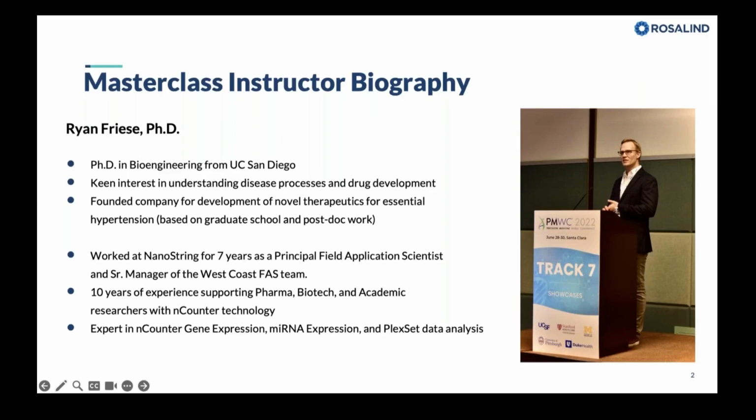But I did work at NanoString for about 7 years as the primary leader of the FAS team on the West Coast. And I've worked with pharma institutions, biotechs, as well as academics with a wide variety of sample types and experimental designs. So I have a lot of expertise in the chemistry, the instrumentation, but of course also the data, what we're talking about today.